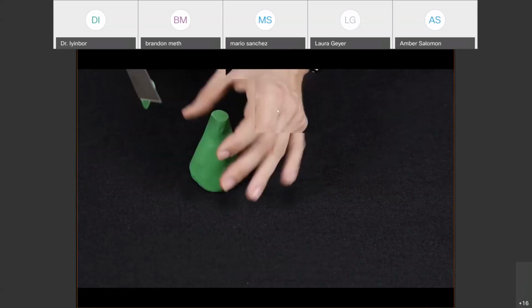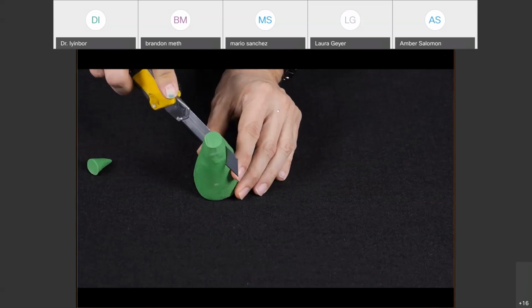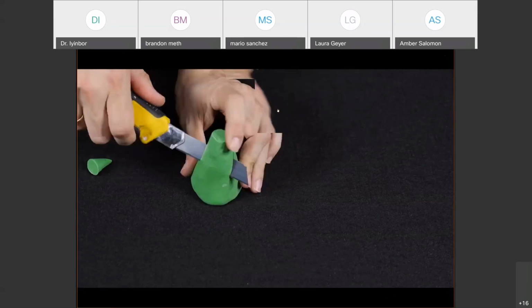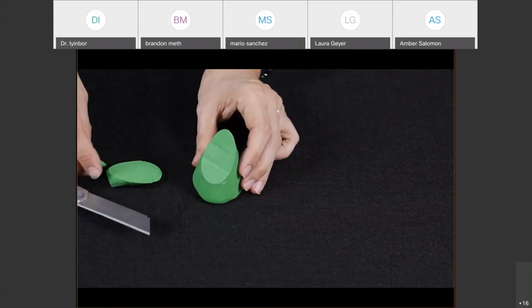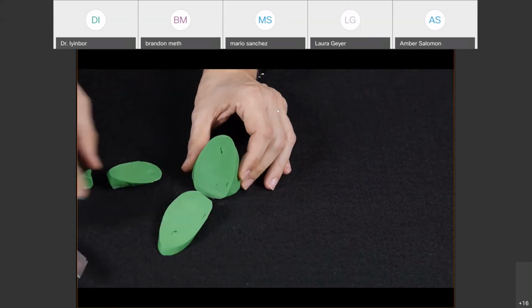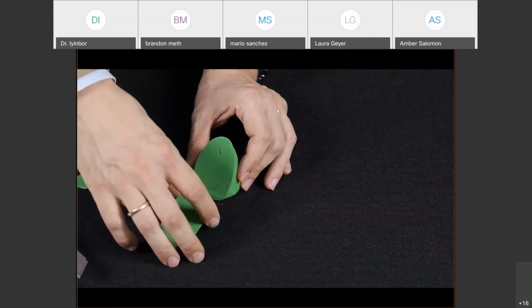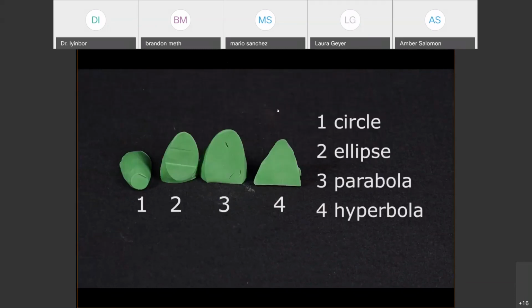And if we slice a cone at different places, we get the circle, the ellipse, the parabola, and the hyperbola. Okay, everybody see that?